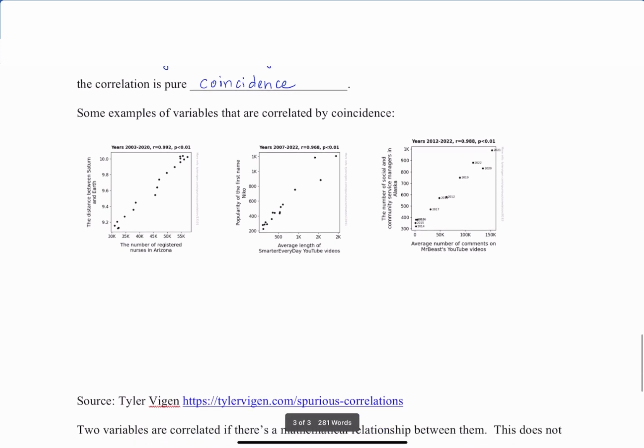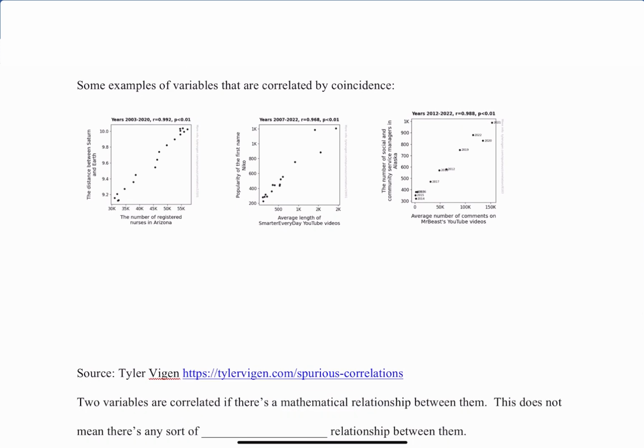If you look at all three of these scatter plots, there's a really nice linear correlation between the x and the y in all of them. You can draw a nice straight line through the dots. All three of these have a very tight, positive, linear correlation.